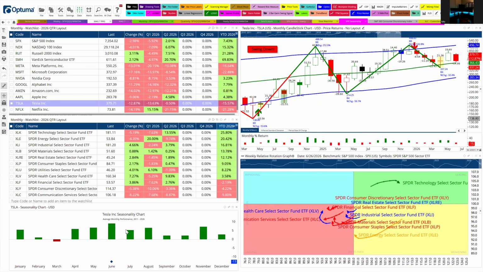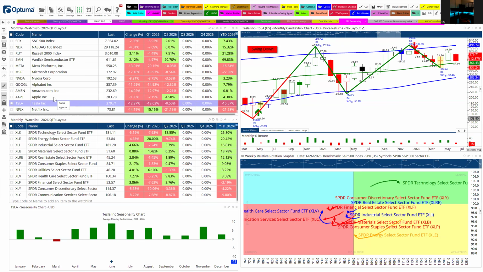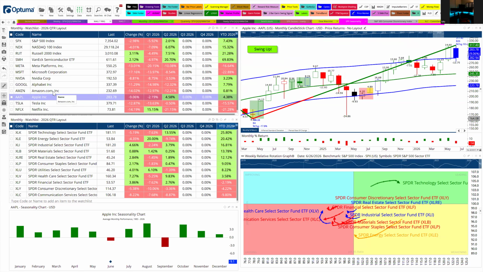This is the weekly chart I'm going to show you, how this stock is trading right now. And then we have Netflix. Now you have to understand that next month is all earnings. So keep that in mind. We have July right there, earnings, earnings.